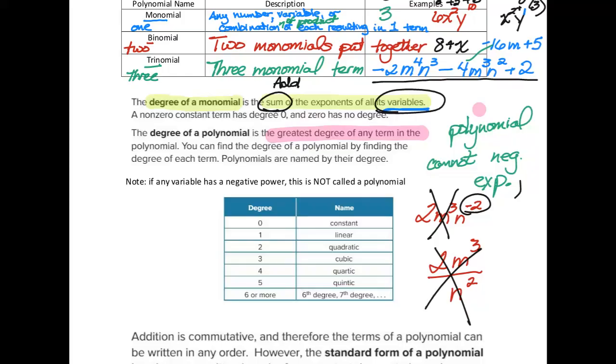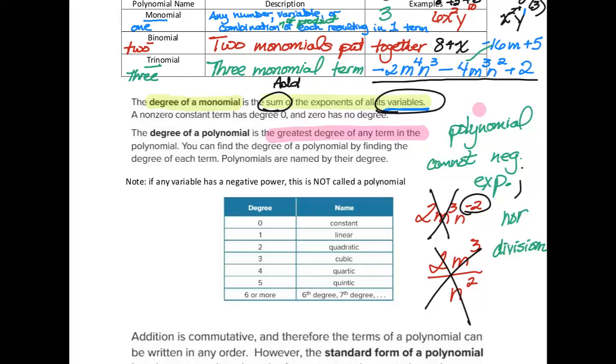So a polynomial cannot have a negative exponent, nor can you have division. There is no dividing when it comes to polynomials. Does that make sense? Nothing can be in the denominator, and you can't have a negative exponent. Okay?